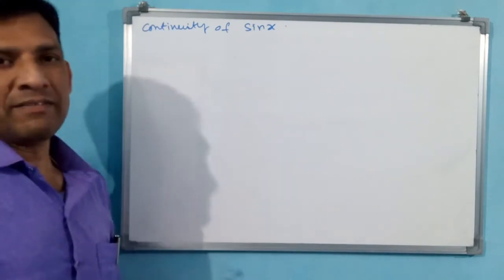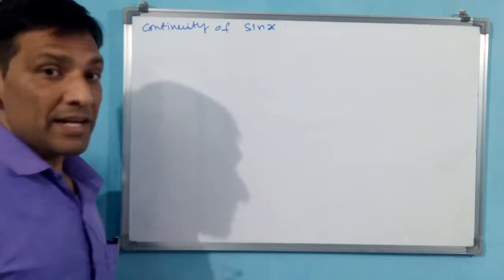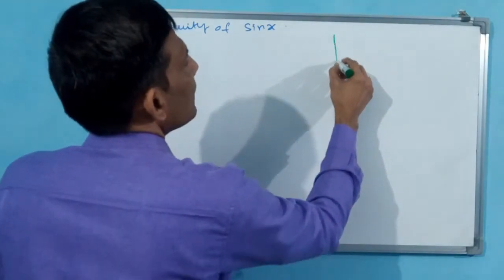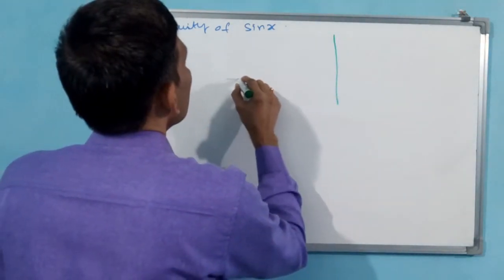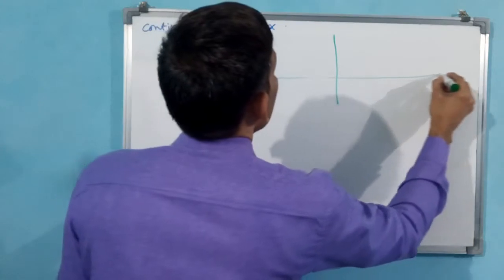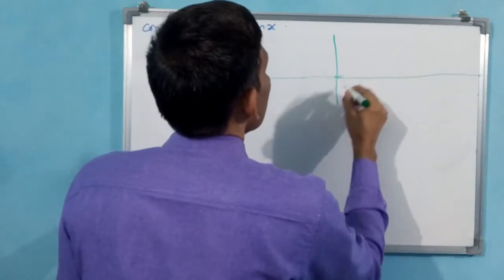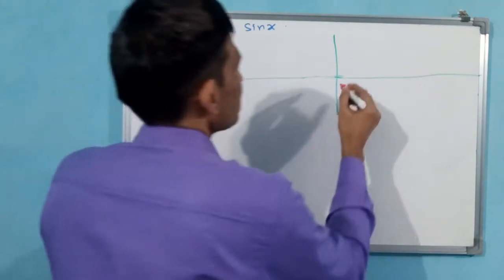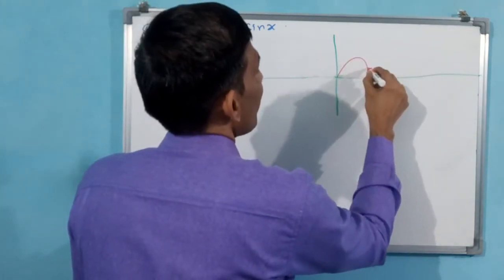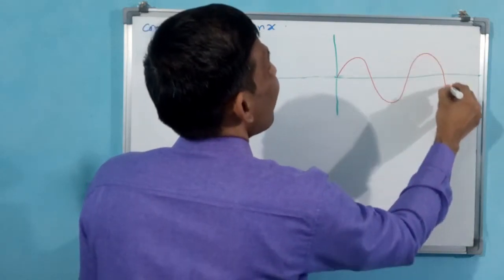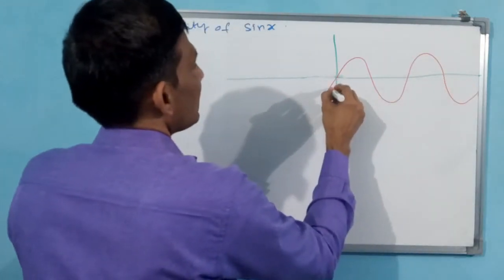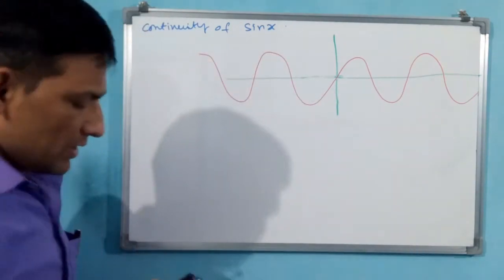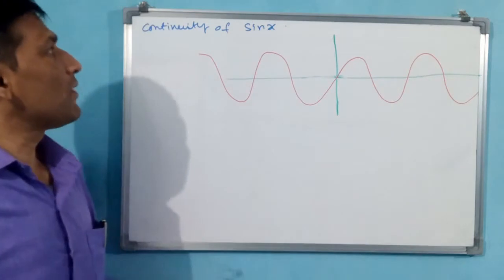But if you see the graph, that is very understandable. You see how I am writing the graph. Okay, now you see, this is the graph of sin x.